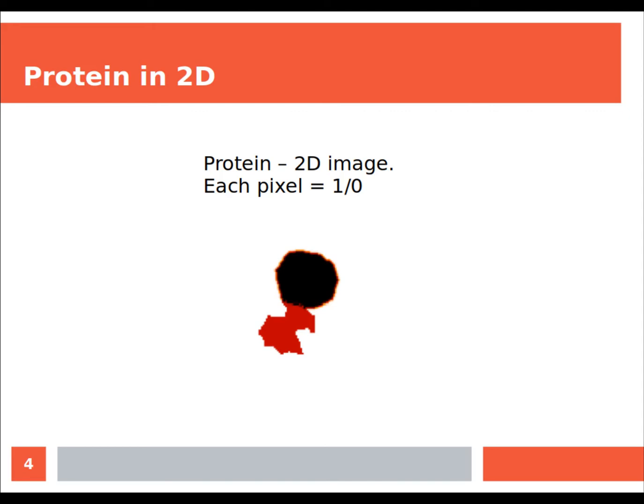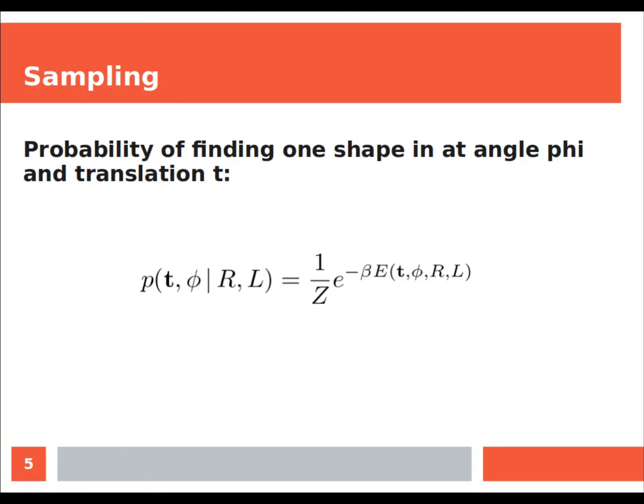Each pixel can have a value either 0, that corresponds to an empty space, or 1, meaning occupied by the shape. Now imagine we have 2 shapes corresponding to a receptor and a ligand. The probability of finding the ligand in a certain translation and rotation with respect to a receptor is defined by the Boltzmann distribution that depends on the interaction energy between the 2 shapes.